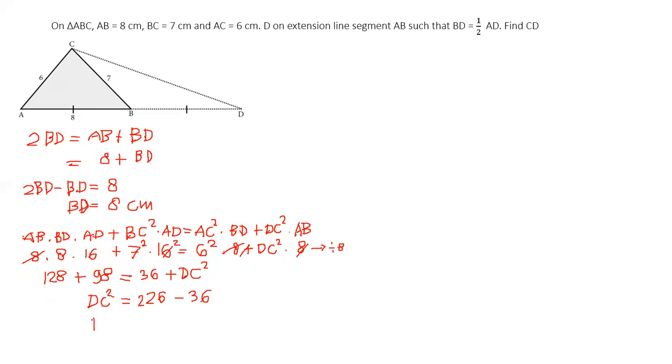And DC equals the square root of 190 centimeters. So DC, or CD, equals the square root of 190 centimeters.